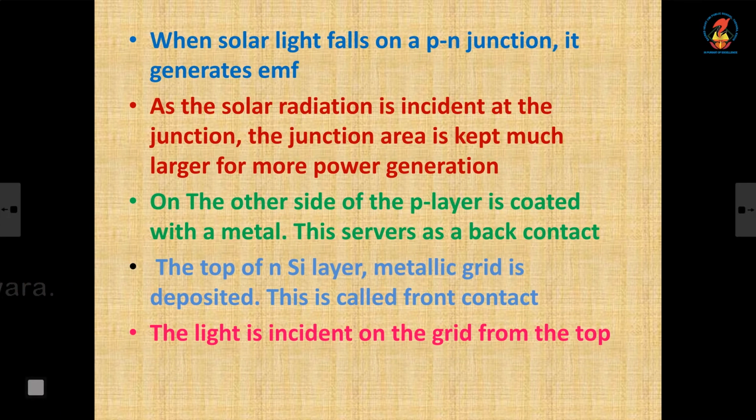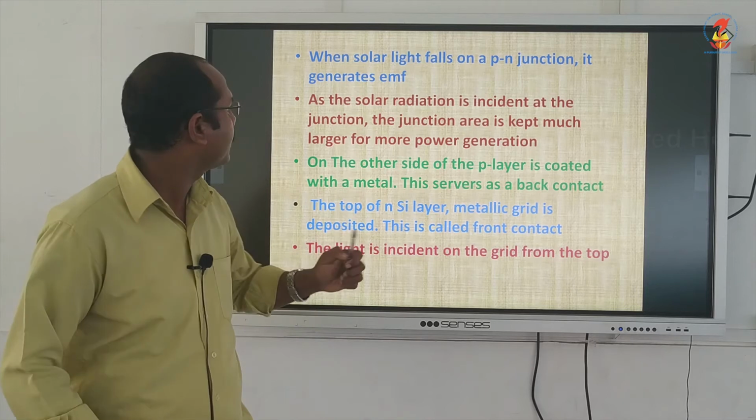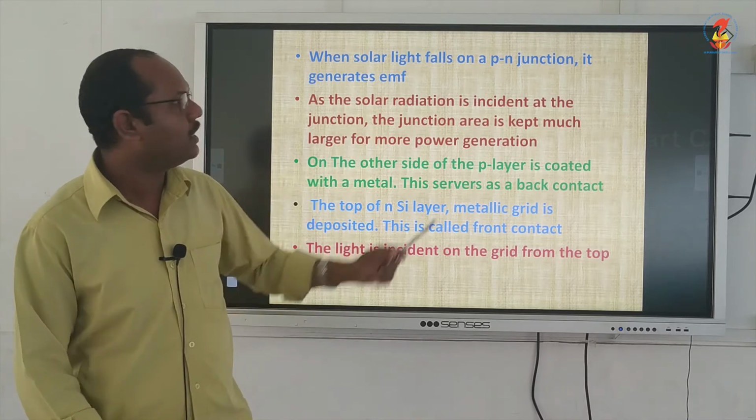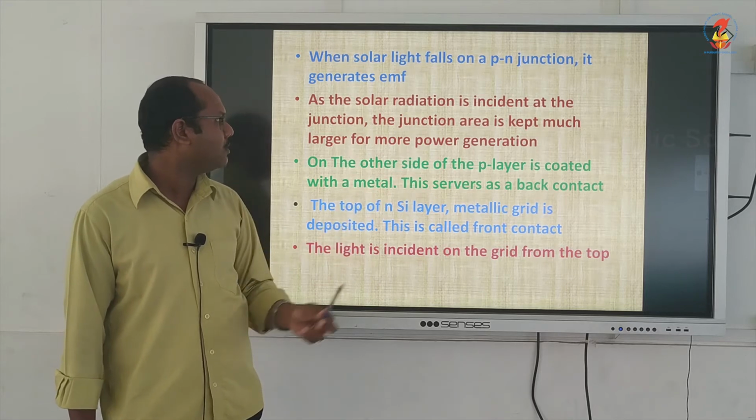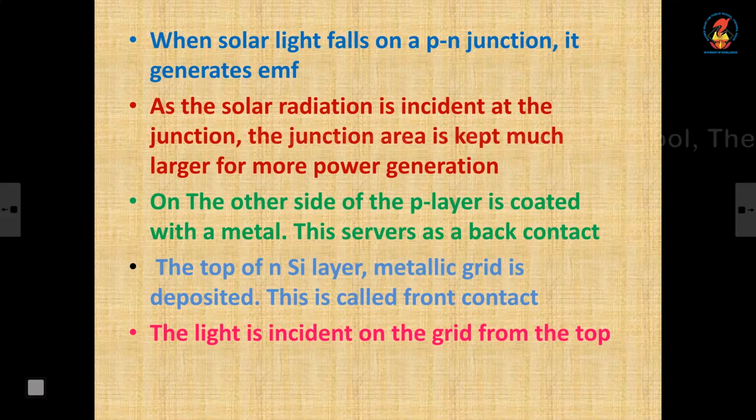Now, when sunlight falls on a PN junction, it generates an EMF. So how is that EMF produced? As the solar radiation is incident, the junction area is kept as large as possible for more power generation. On the other side, the P layer is coated with a metal. This serves as a back contact.